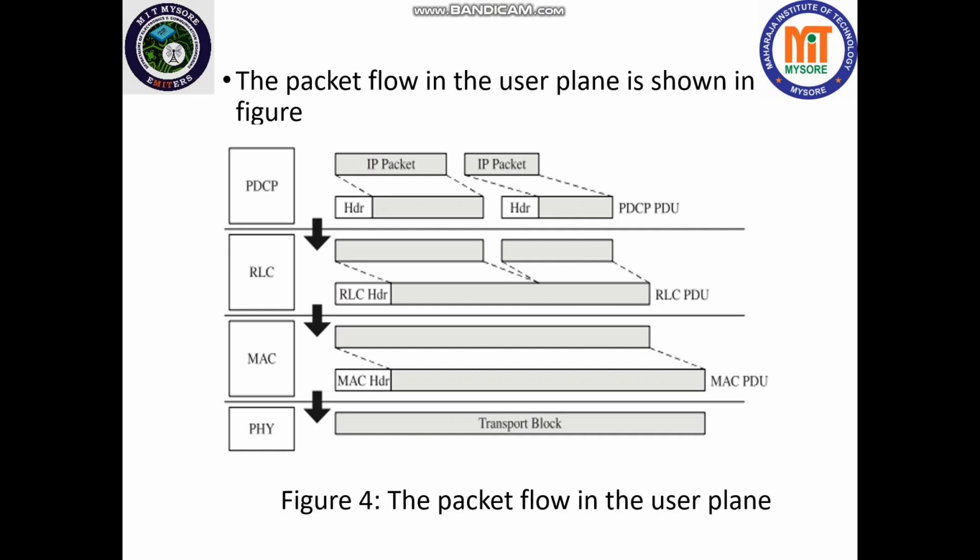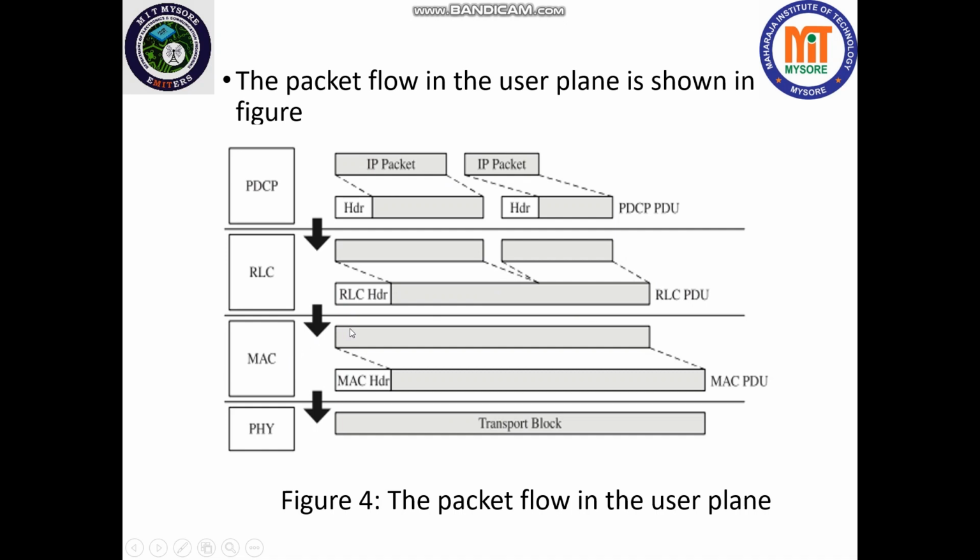In this particular figure, we are going to examine how the packet flow in the user plane takes place. The IP packet is added with a header of PDCP in the PDCP sublayer, and then it is transferred to the RLC sublayer, where the RLC header will be added, and we can see that the packet size goes on increasing.